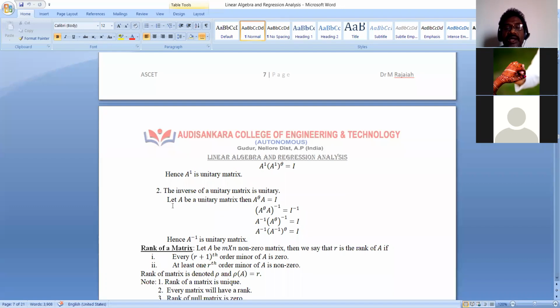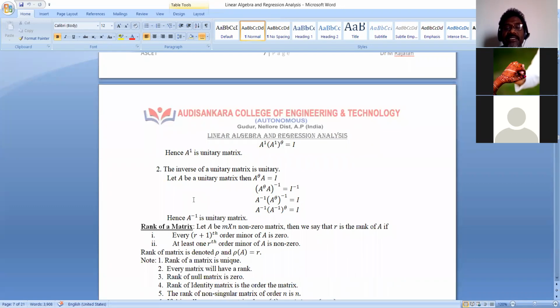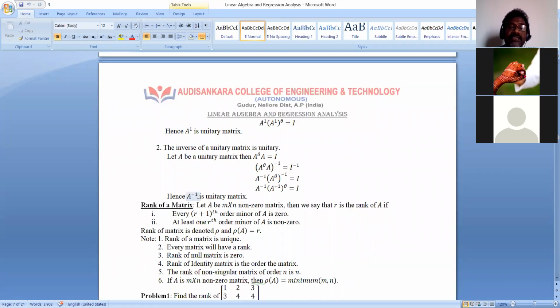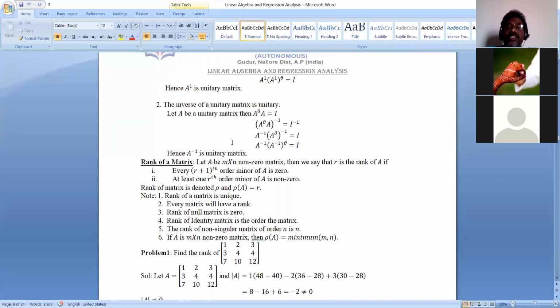So the inverse and transpose of unitary matrices are unitary matrices. This is the basic concept about unitary matrices.